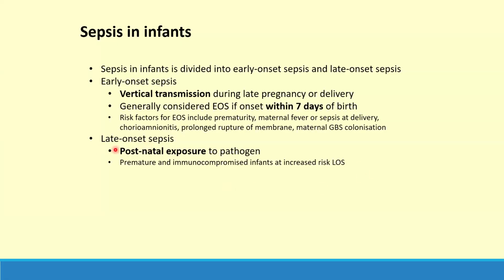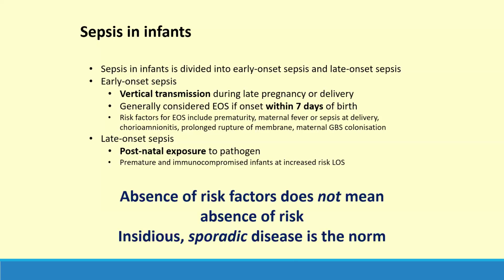So we're thinking of, this is usually postnatal exposure. We've got a list of the bugs in a second. But as we've reiterated here, the absence of these risk factors does not mean the absence of risk. A baby presenting in the way they did is a risk in itself, so it doesn't really matter that you've lost these risk factors.